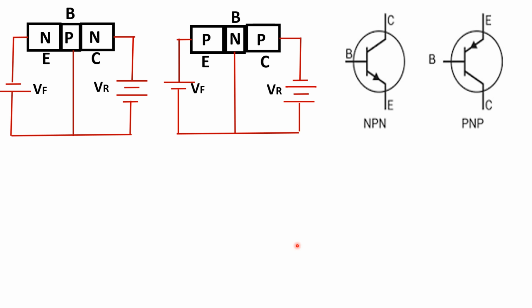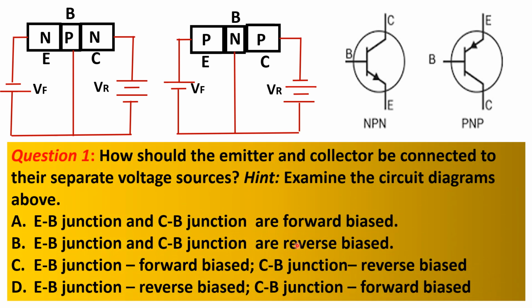We now have our first question. Question number one. How should the emitter and collector be connected to their separate voltage sources as shown in the above diagrams? So we have to examine the circuit diagrams carefully. Here are the choices.